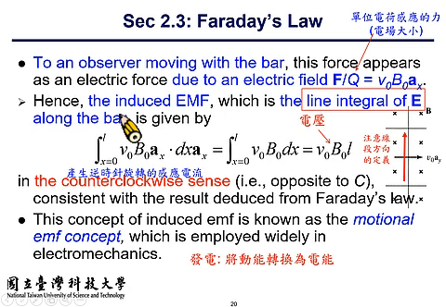And if you do a line integral of the electrical field from 0 to L in the x direction, then using this result, you end up with B sub 0 V sub 0 L. I'm sorry. Now it's a little awkward.